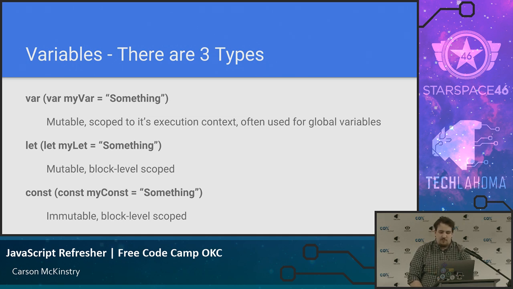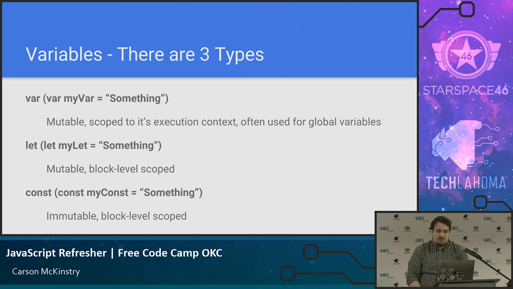The first thing we're going to talk about is variables. There are three types of variables in JavaScript: var, let, and const. Var is mutable, which means it's allowed to change.